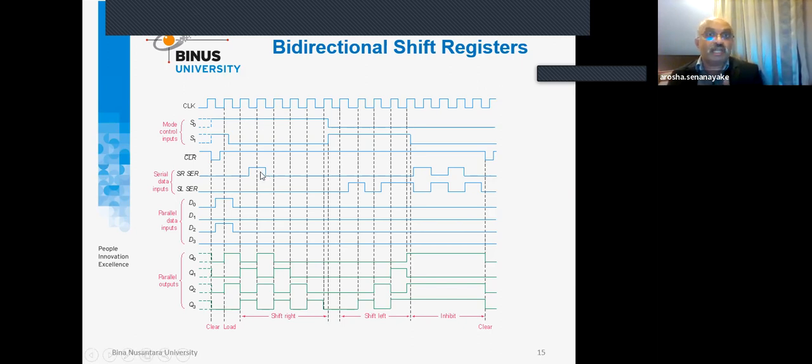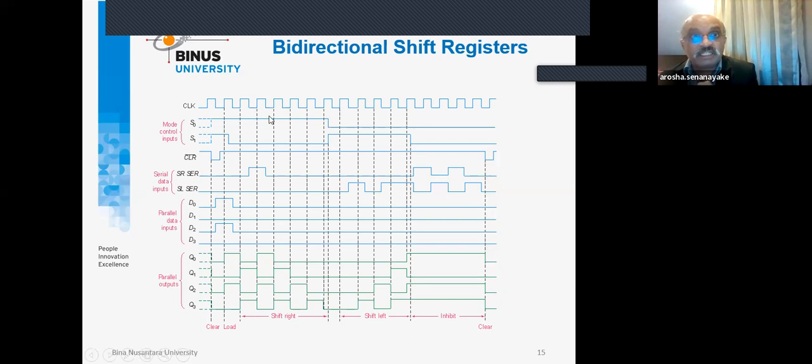Very important: allowing shifting of all the bits to the right, only then can you think of changing S0, S1. You cannot change S0 and S1 during this period of time at all. Why? Because shifting of the bits is happening.